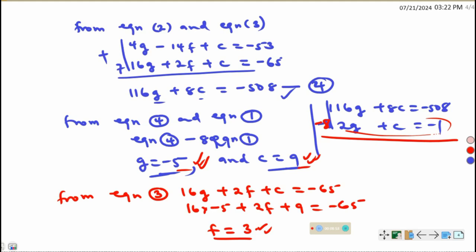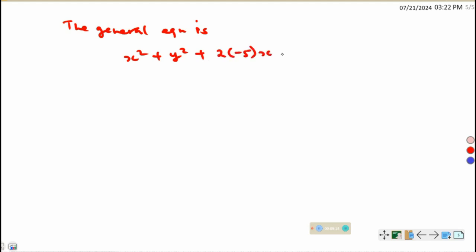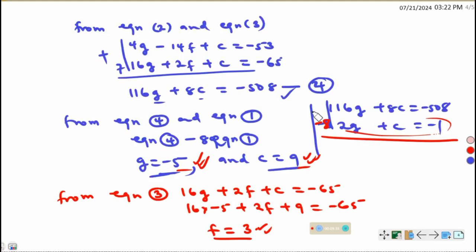So from there, we can now say the general equation. The general equation will be x squared plus y squared plus 2g, that is 2 times negative 5 of x, plus 2f, f we have got as 3, of y, then plus c, which is 9, equaling to 0. So we are substituting in this general equation.